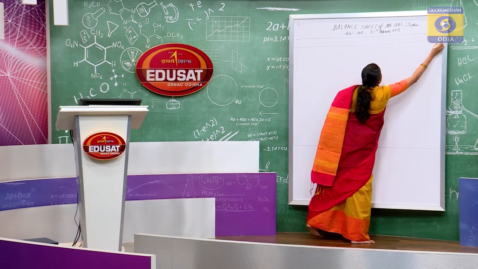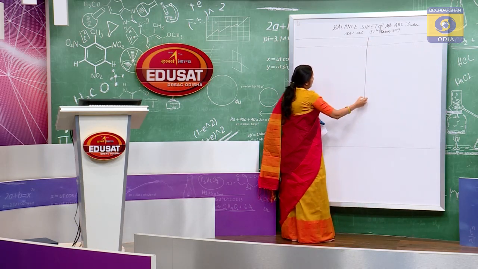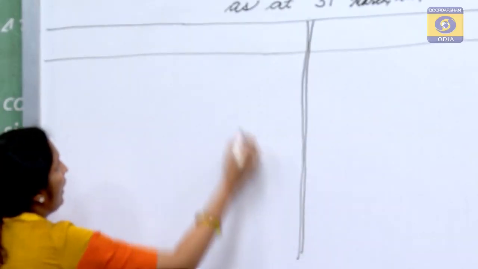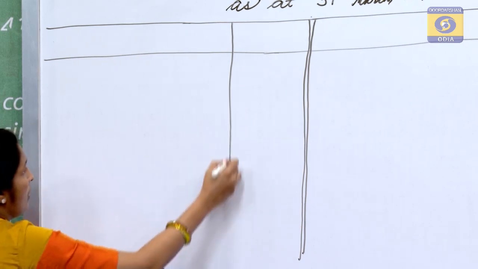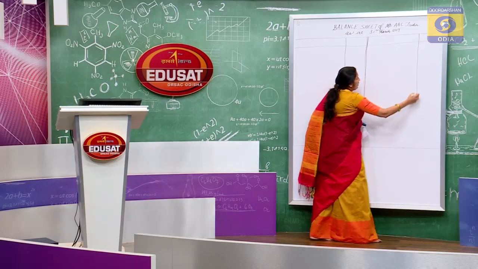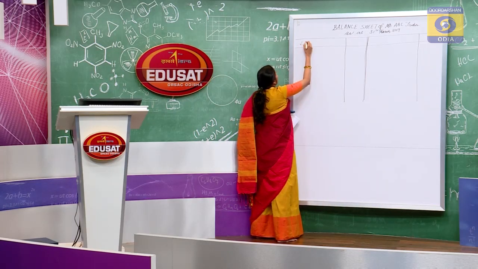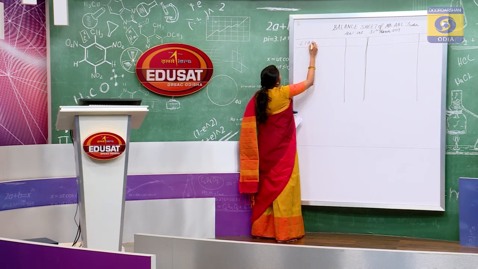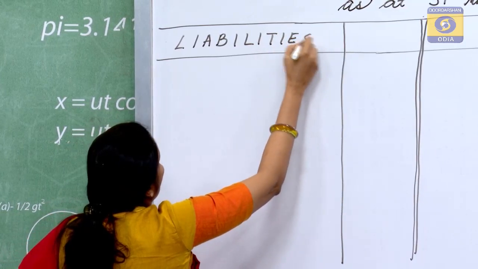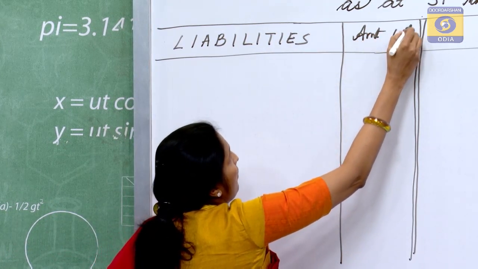We'll divide it into two equal halves, and this to my left, the left hand side, will have liabilities, and this column will have amount in rupees.